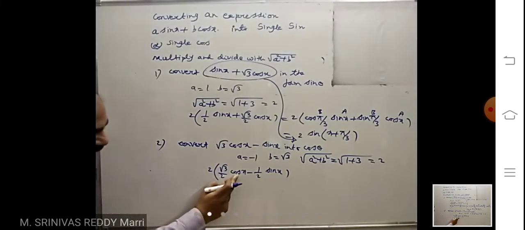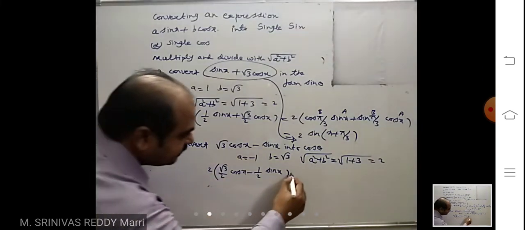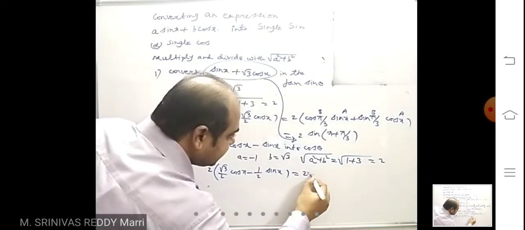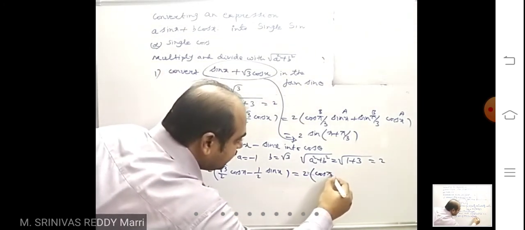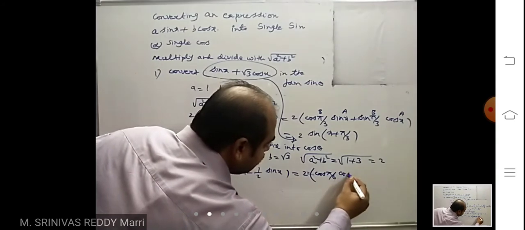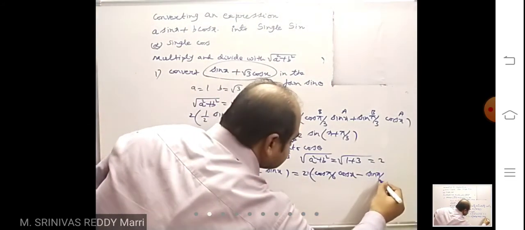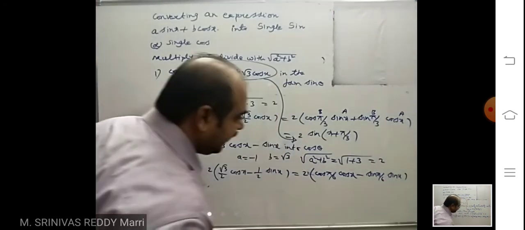Now look at this one. I want to write in cos. If cos is there, write this angle in cos. So 2 into, what is the angle such that it is root 3 by 2? cos 30 degree, cos pi by 6, cos x minus sin pi by 6 sin x.